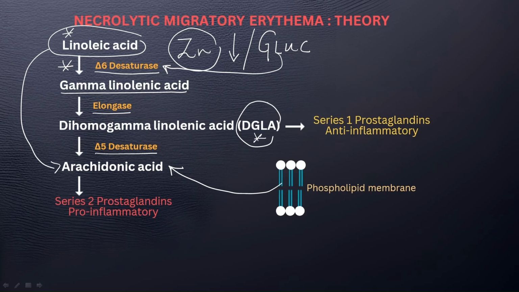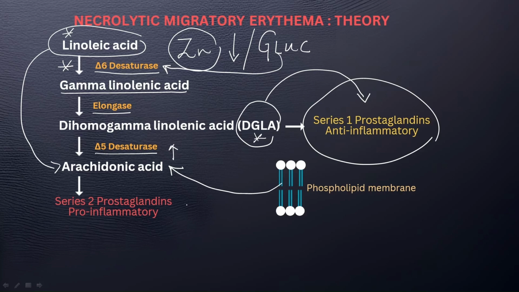So watch this. Now you see that DGLA is converted into series 1 prostaglandins. These are actually good prostaglandins that help fight inflammation. So they are anti-inflammatory. But if you look at this, you can also see that the diversion will lead to excessive formation of arachidonic acid. And there is going to be the formation of series 2 prostaglandins that are rather pro-inflammatory.